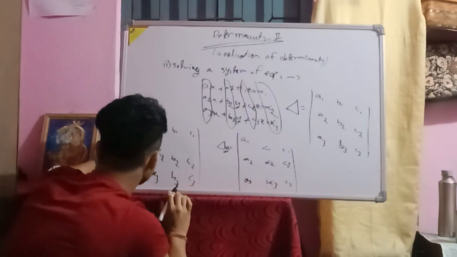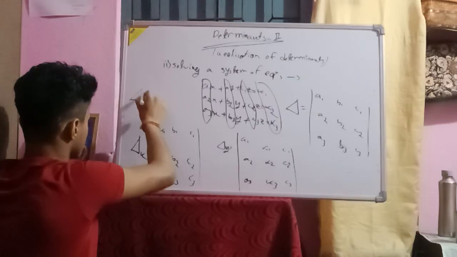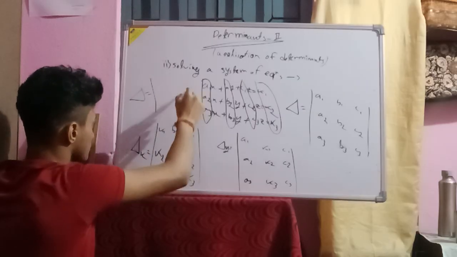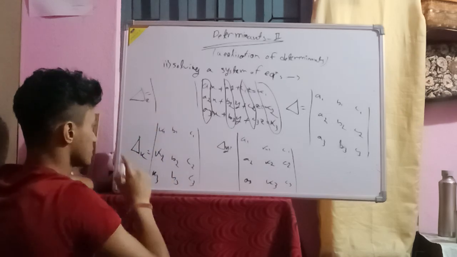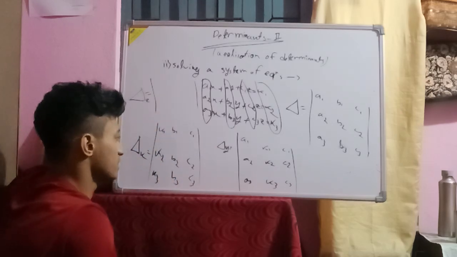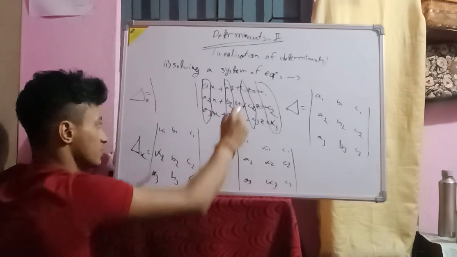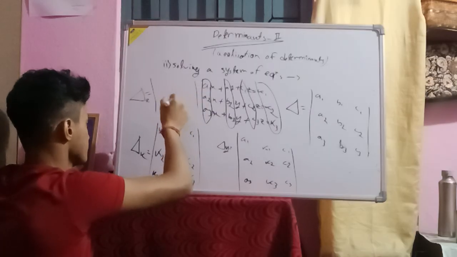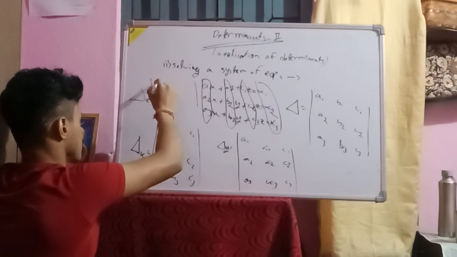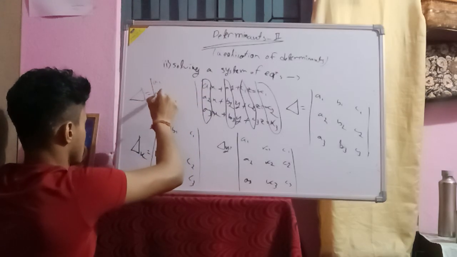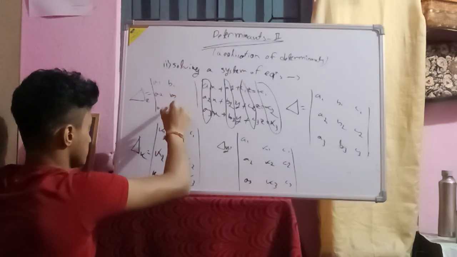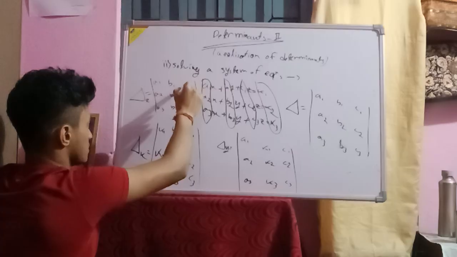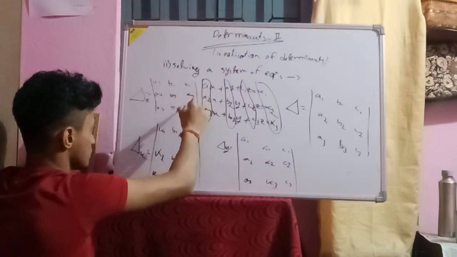And let's call the fourth determinant delta z. Here the coefficients of z are switched with the values of these equations, and everything else remains the same. So this would look like this: A1, A2, A3, B1, B2, B3, and K1, K2, K3.